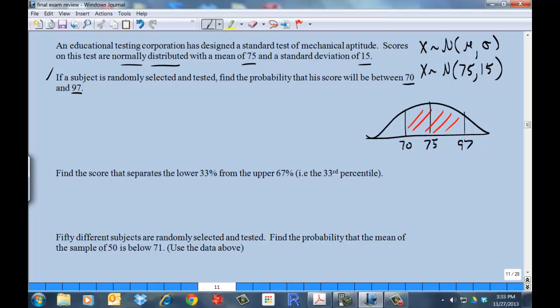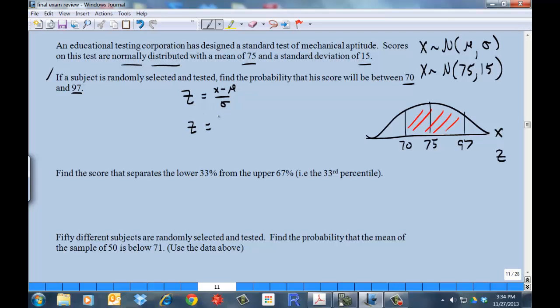Now what we have to do is convert our boundary points using the z-score formula. So we're going to convert 70 and 97 into z-scores. Let's do the first one. Remember, the formula here is z equals x minus mu over sigma.